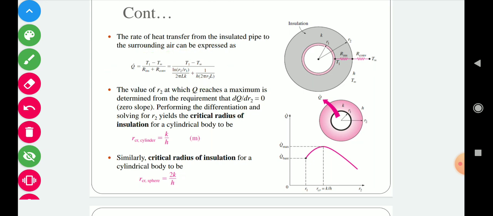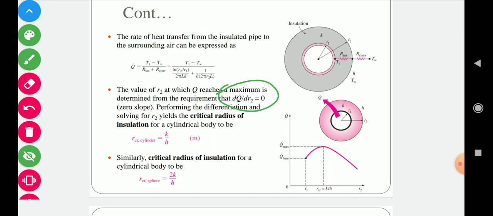Now the value of R2 at which Q reaches a maximum is determined from the requirement that dQ by dR2 equals 0. And this is pure mathematics. In mathematics you study how to calculate maxima and minima. So at maximum Q, dQ by dR2 will be equal to 0. Maximum Q means the radius at which maximum heat transfer takes place.